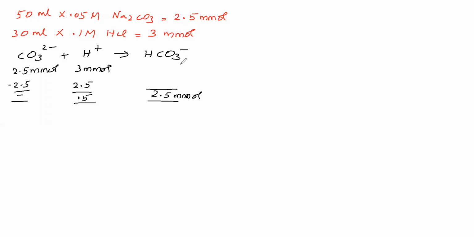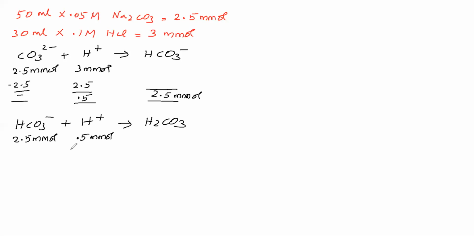Then this bicarbonate takes the remaining H plus and becomes H2CO3, carbonic acid. Bicarbonate is 2.5 millimole, H plus is 0.5 millimole.